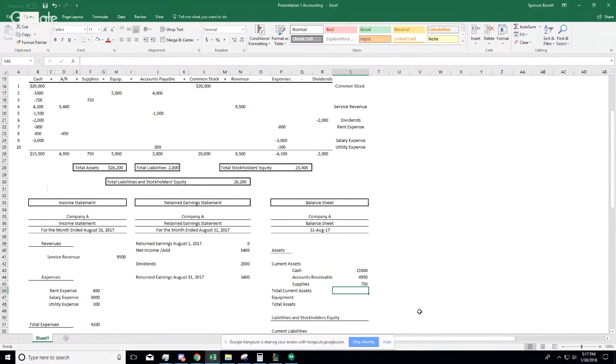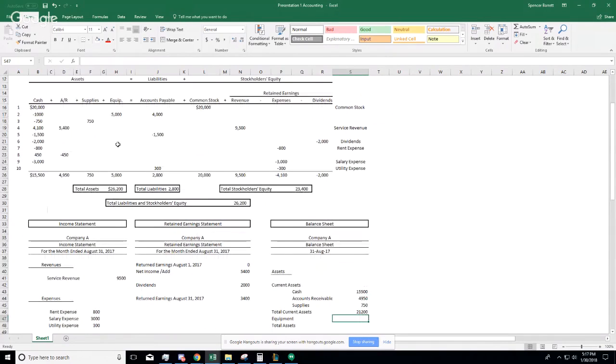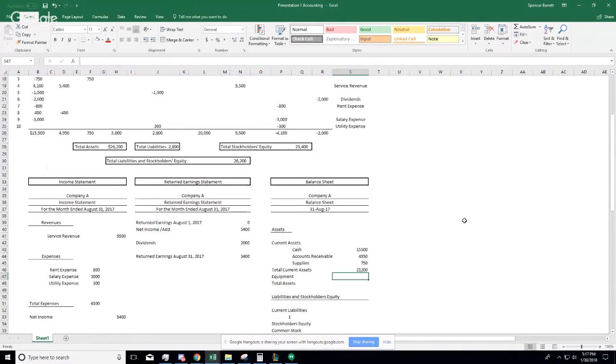So what we want to do is make an equation: that plus that plus that. Perfect. And then equipment was 5,000. So total assets would be that plus that, which would be 26,200. We're matching it up, so we're right there.